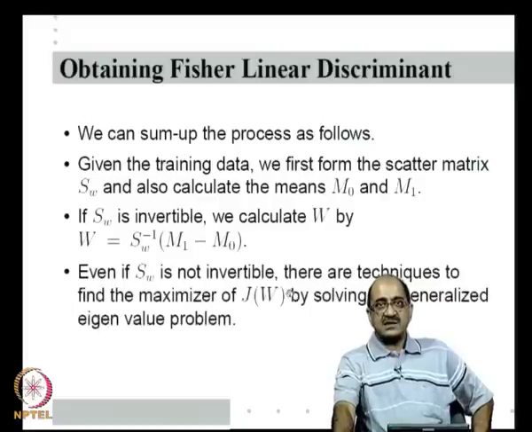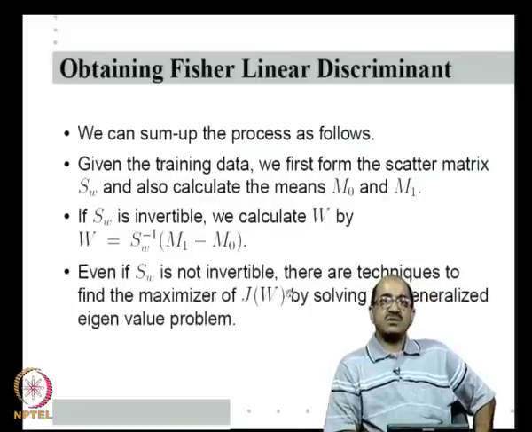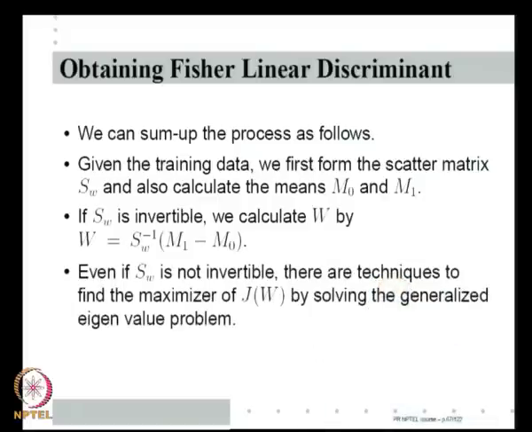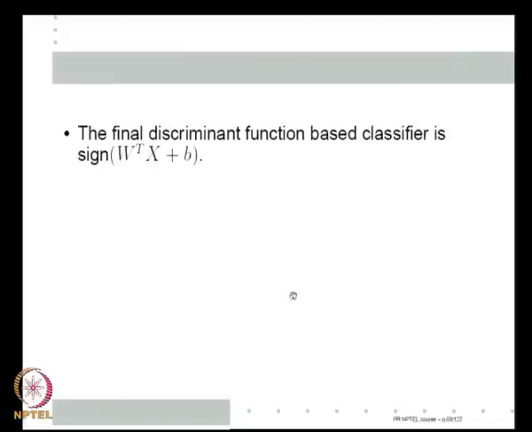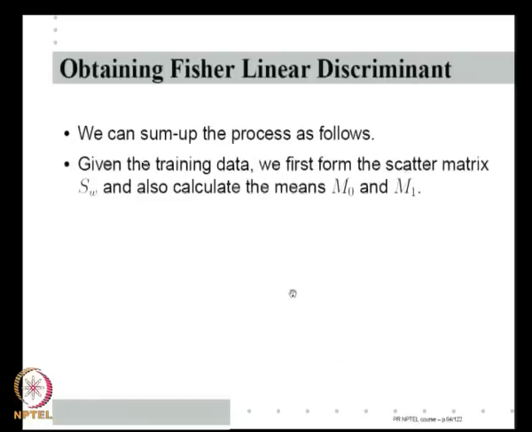Just for completeness, let us remember that even if SW is not invertible, there are techniques to find the maximizer of J(W) by solving some generalized eigenvalue problem. Even in the generalized eigenvalue problem, if SW is not invertible, there are some issues. Just so that you will appreciate that, let me go back.